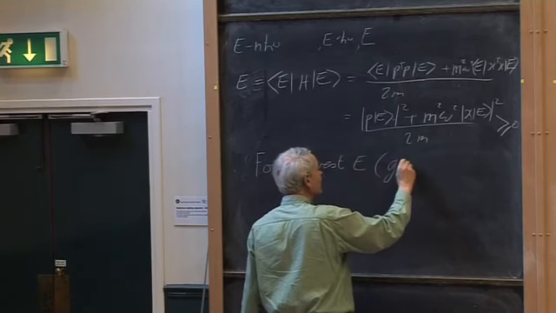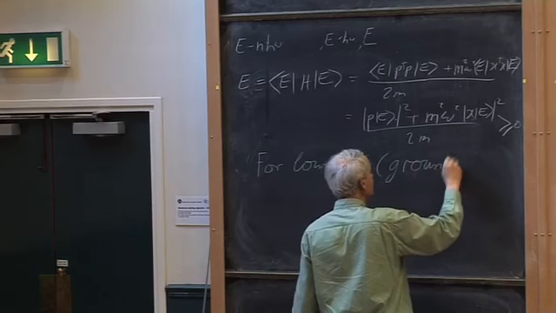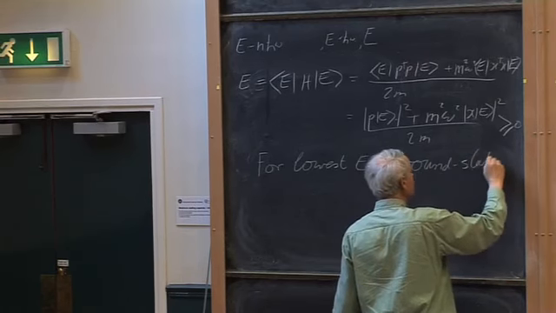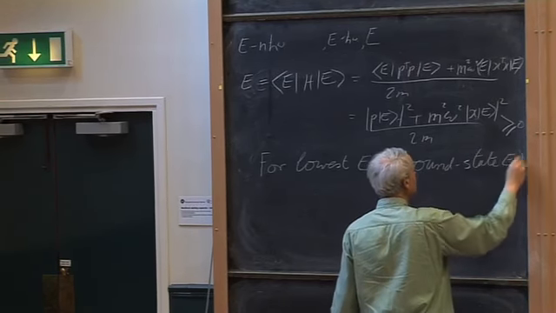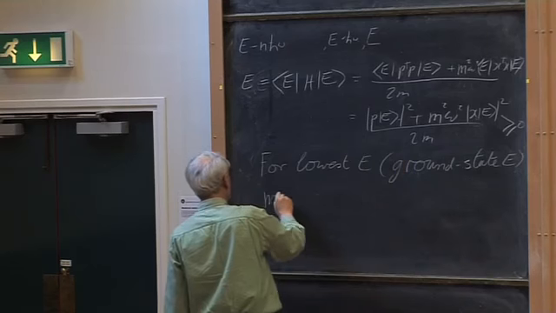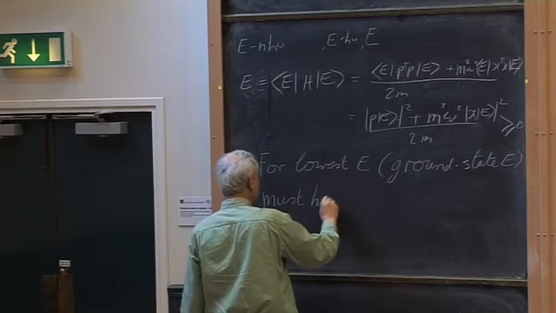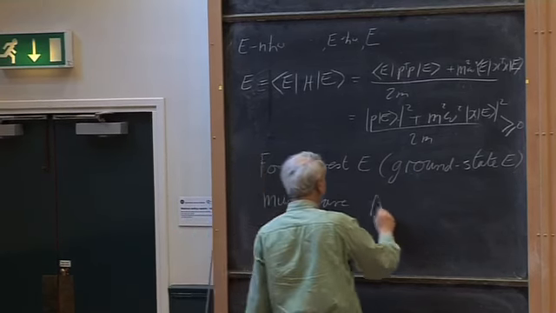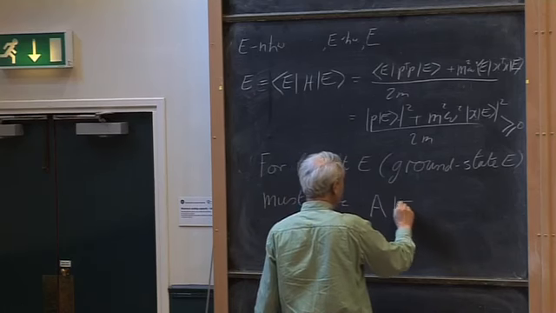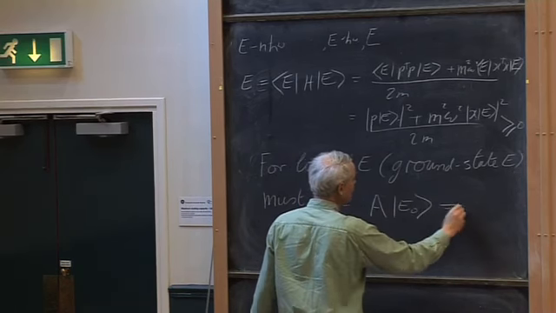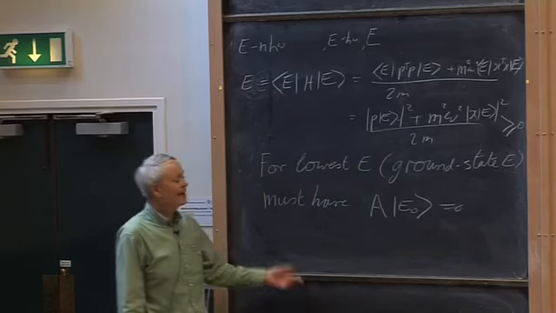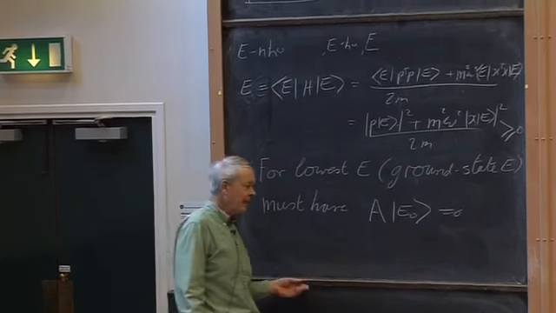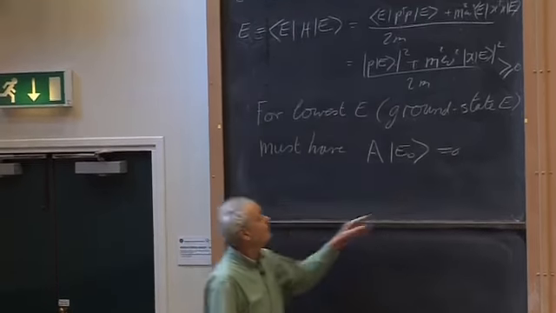That's the ground state. We must have that A on E0 equals 0. So I'm using this symbol now to indicate the lowest energy.